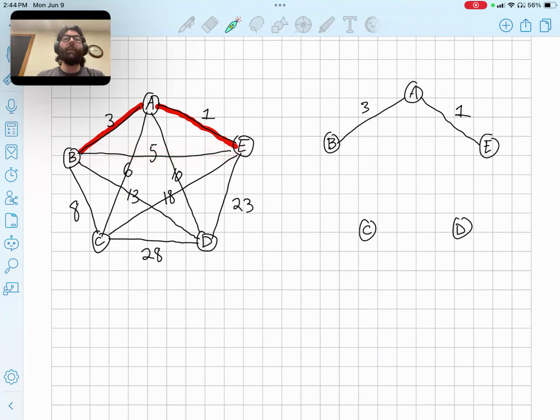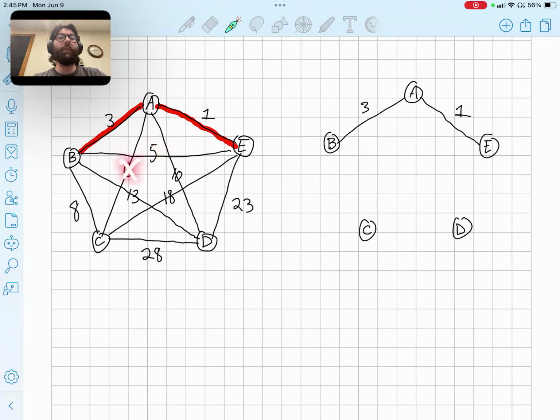The only way I can have a circuit is if I'm connecting all of the vertices together. But once I have this circuit, I can't connect anything else because now A, B, and E will all have 2 highlighted edges. And if I connect anything else to them, they'll have more than 2, and that will be a problem. So this 5 is out.